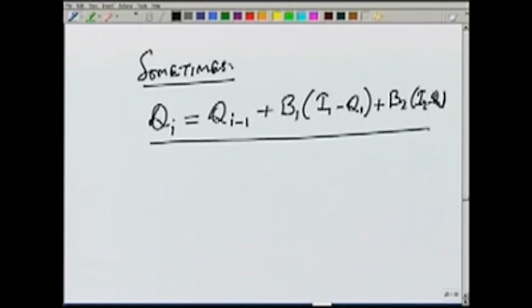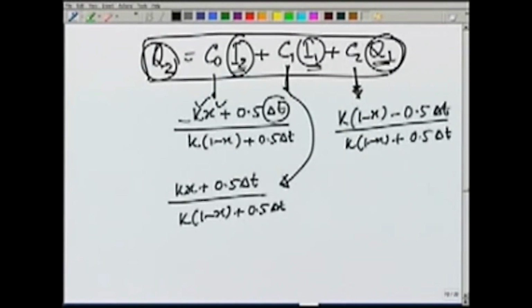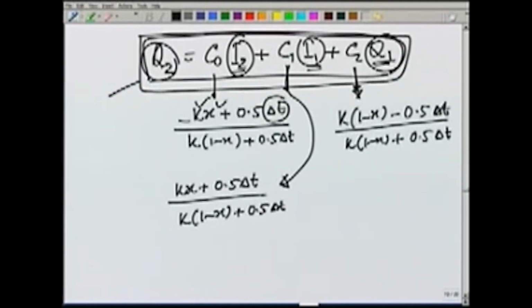So, we can write an equation in this form also, but typically the Muskingum method using the earlier form is preferred.